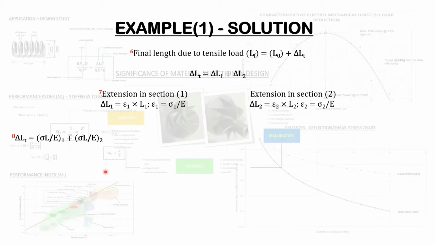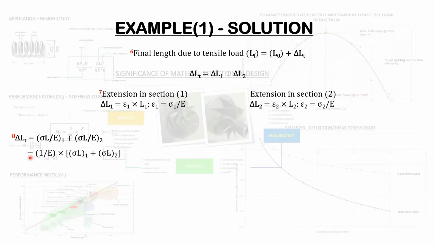So what we've done here is substitute what the change in length is with respect to the stress and the Young's modulus into the equation delta L T is equal to delta L1 plus delta L2. So if we do the substitution, we get delta L T equal to, in brackets, sigma L over E for section 1 plus sigma L divided by E for section 2.